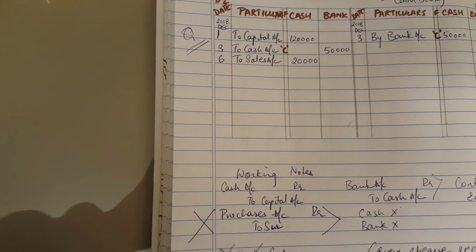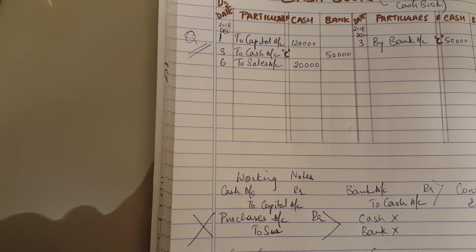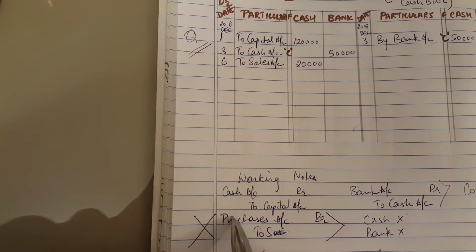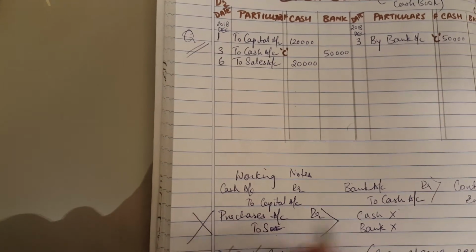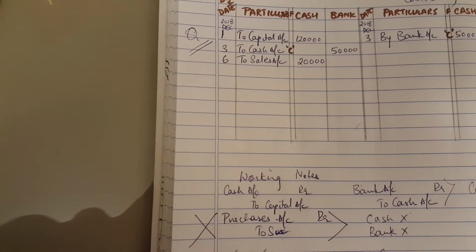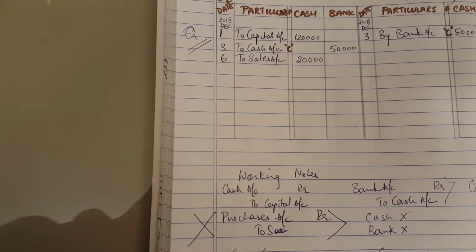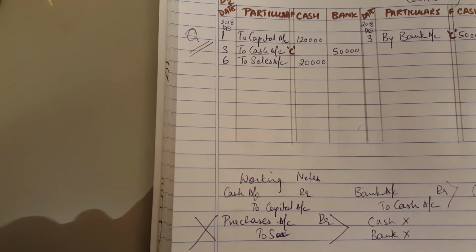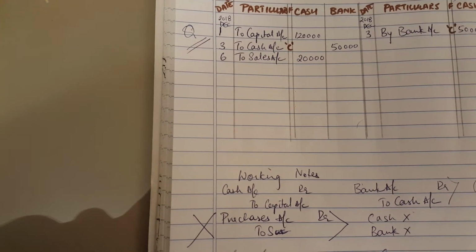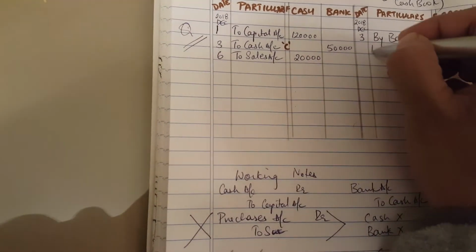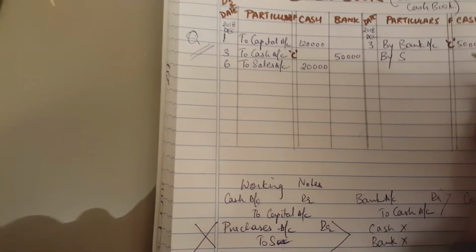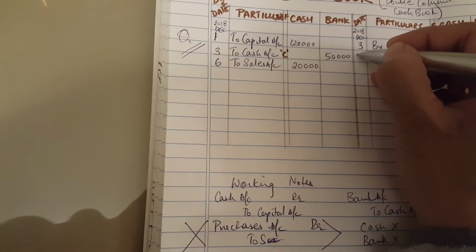Next it says paid to S cash. Now these goods had been purchased from S and now you are paying cash to S. So here S becomes the receiver and you are paying cash. So cash is going out. So this will be by S because you are making the payment.